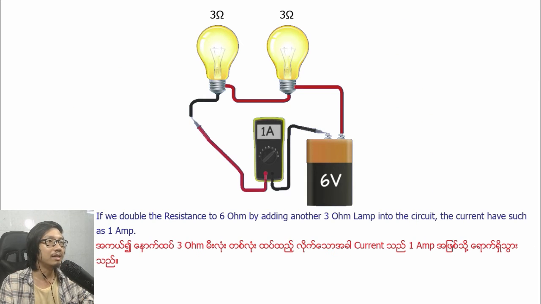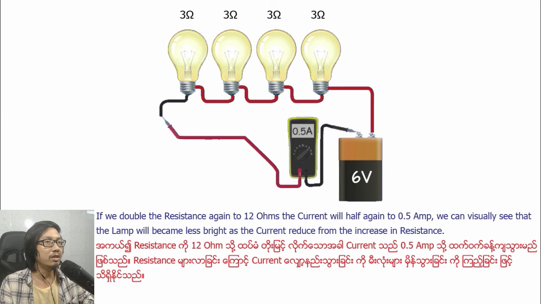If we double the resistance to 6 ohm by adding another 3 ohm lamp into the circuit, the current halves to 1 ampere. If we double the resistance again to 12 ohm, the current will halve again to 0.5 ampere.